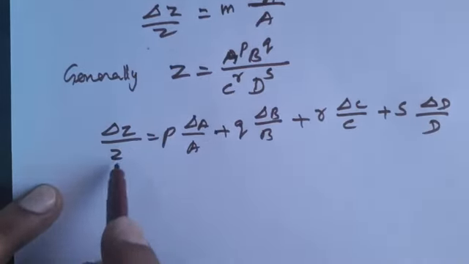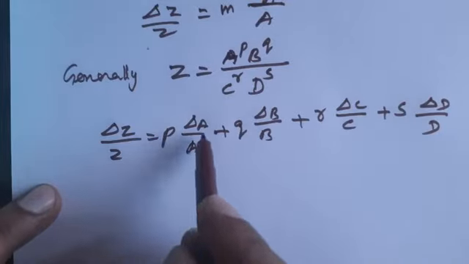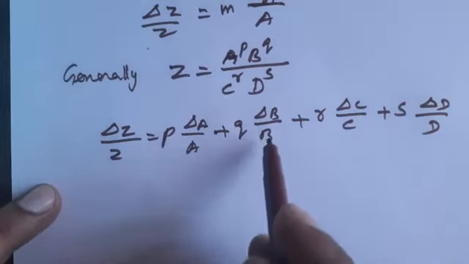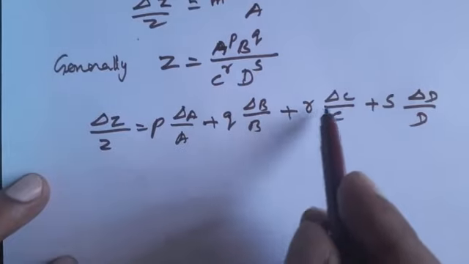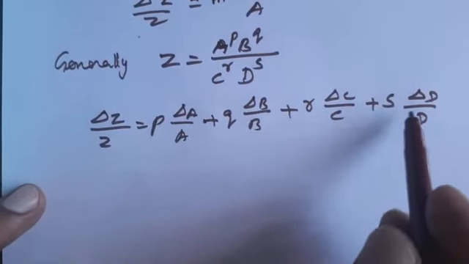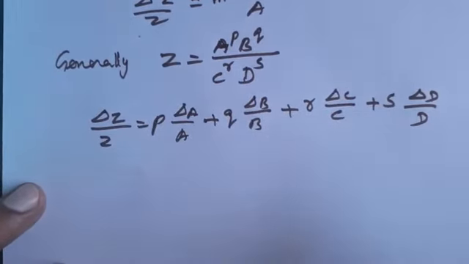So delta Z by Z into 100 equals P into delta A by A into 100 plus Q into delta B by B into 100 plus R into delta C by C into 100 plus S into delta D by D into 100. You will get the percentage.